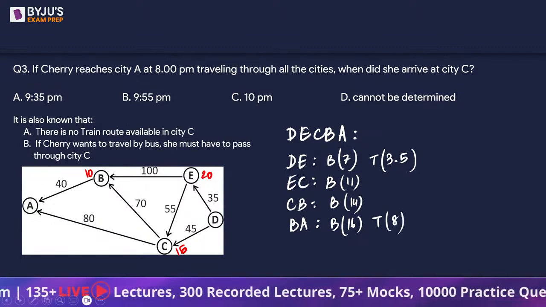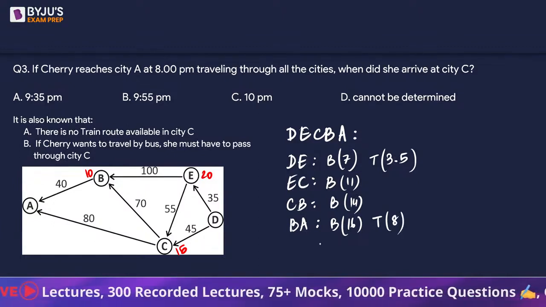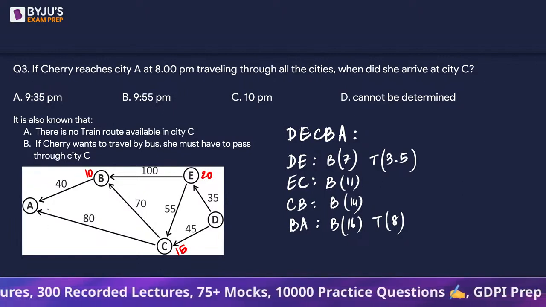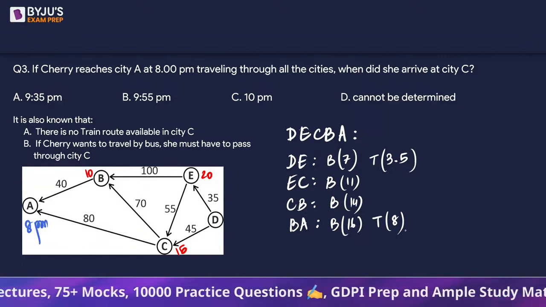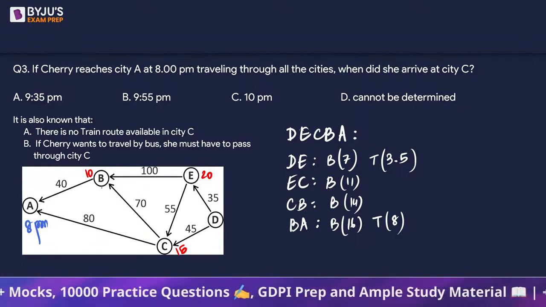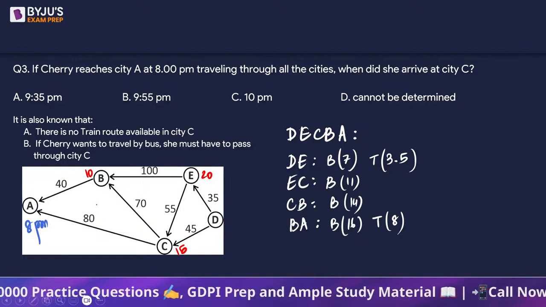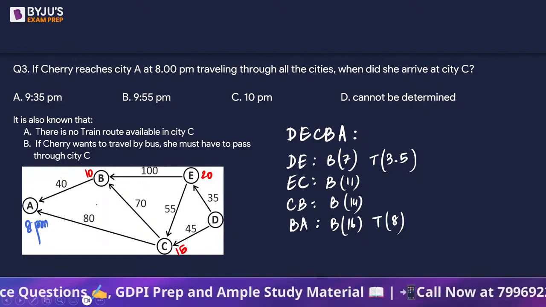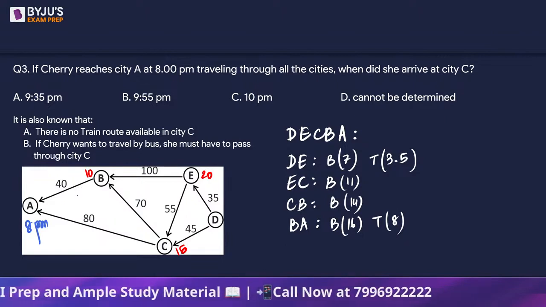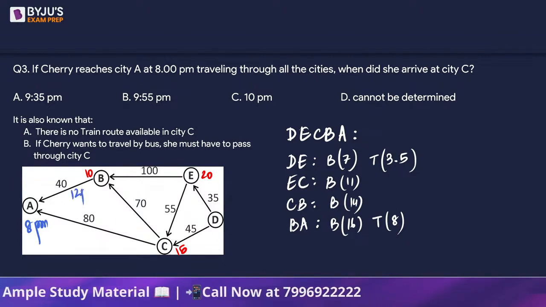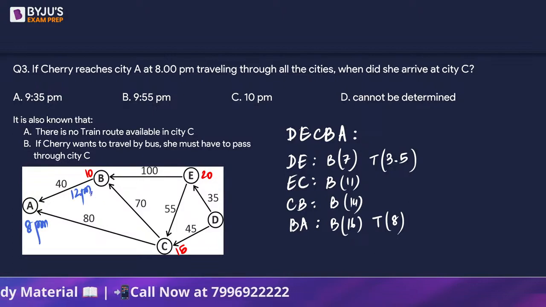So we have two possibilities. So suppose even if we say she is at A at 8 p.m., then whether it took a bus or a train, depending upon that, at city B she is going to be 8 hours before that. 8 hours before that is going to be 12 p.m., or 16 hours before that, that could be 4 a.m.